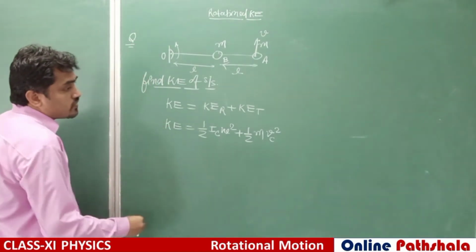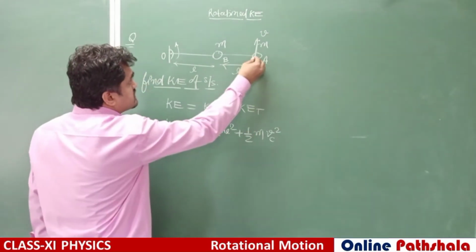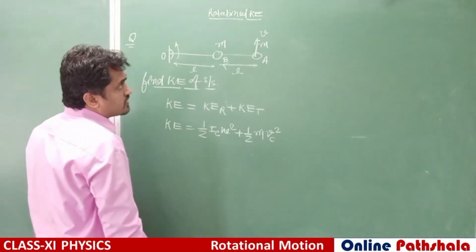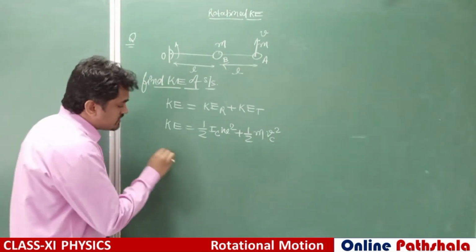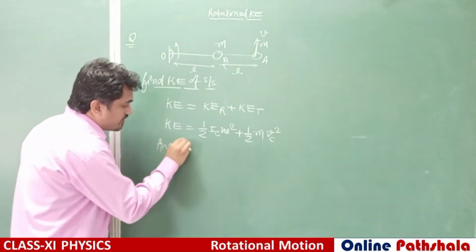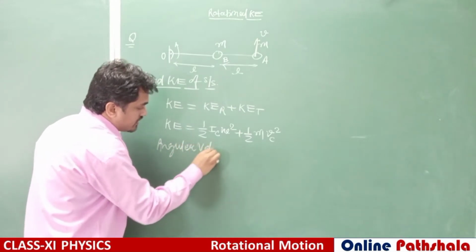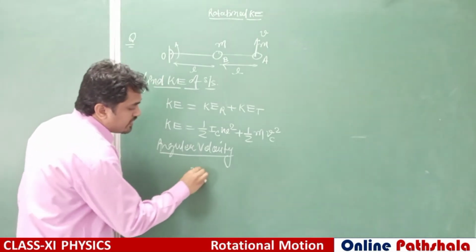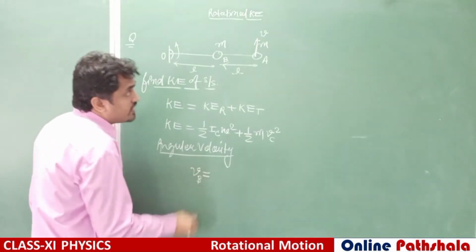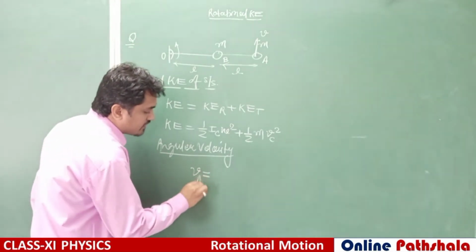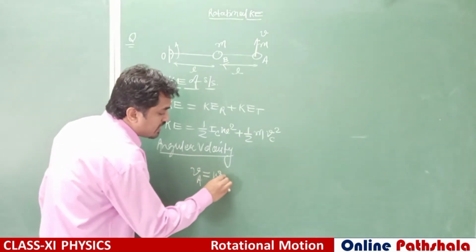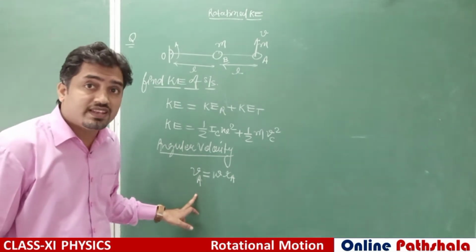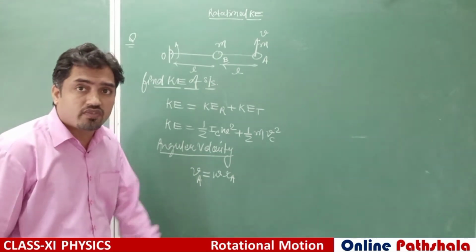If this ball is moving with velocity V, what should be the angular velocity? First we are finding angular velocity. Velocity of point A is equal to omega into position of A. You know very well the relation between linear velocity and angular velocity.